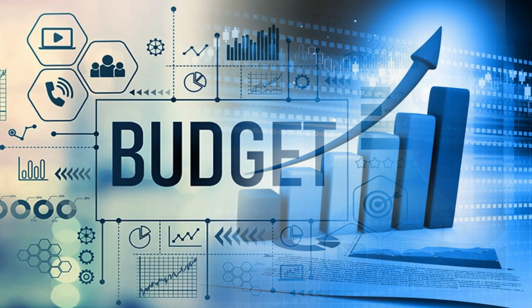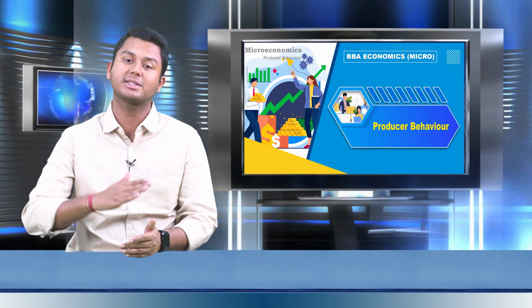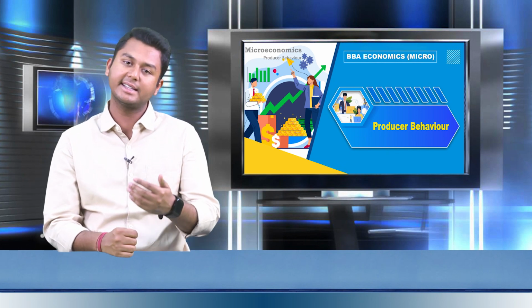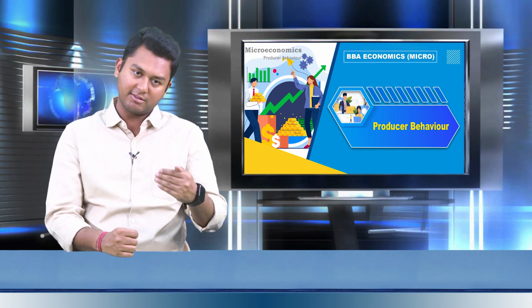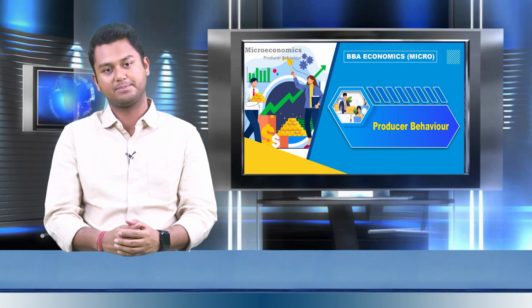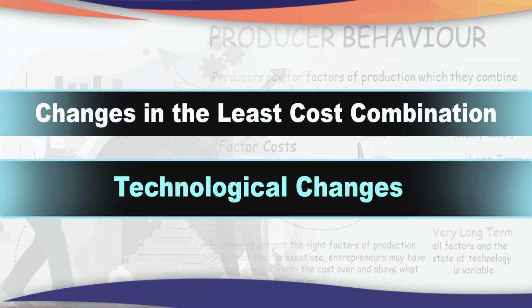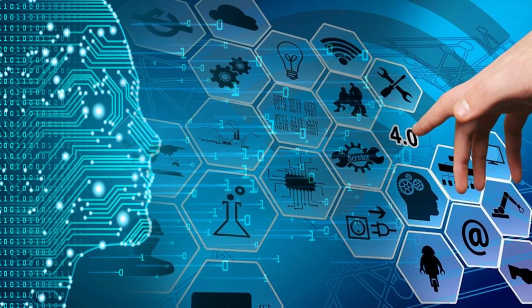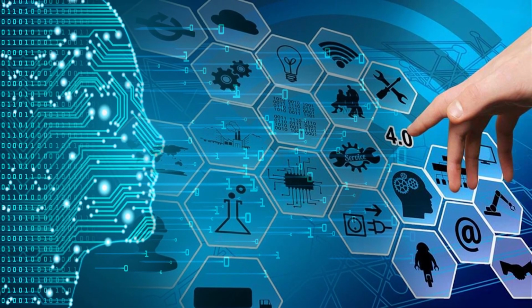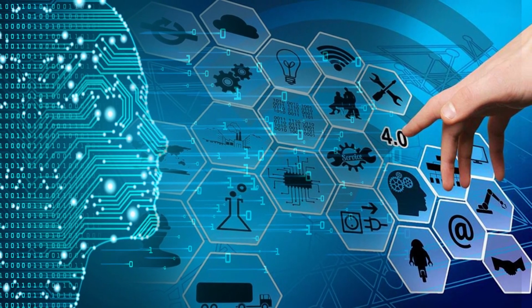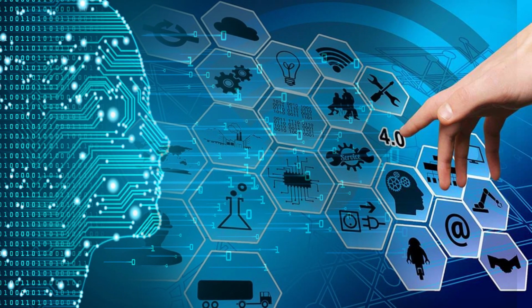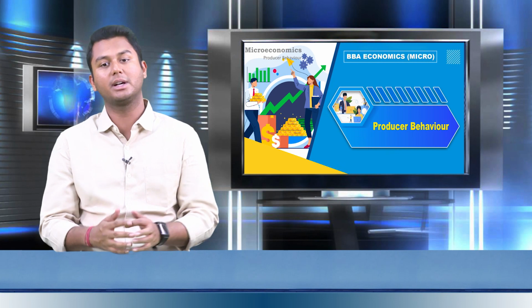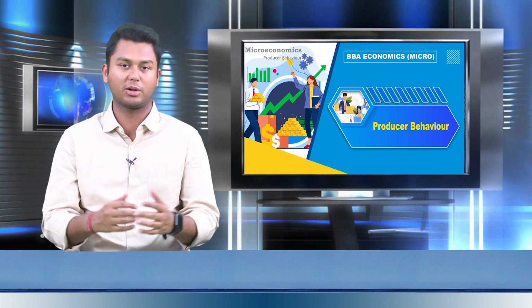If the firm's budget increases, it can afford more inputs, shifting the isocost line outward. If it decreases, the isocost line will shift inwards, restricting input choices. The other aspect is an external factor, that is technological change. Advanced technology can improve productivity, allowing firms to produce the same output with fewer inputs. This shifts the isoquant, leading to a new equilibrium with lower costs.